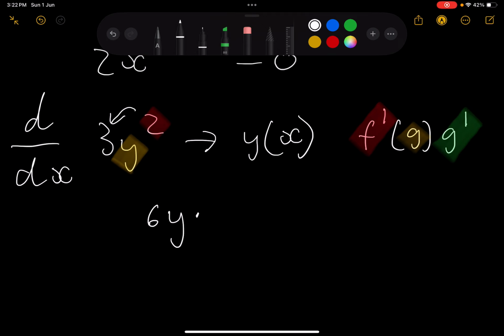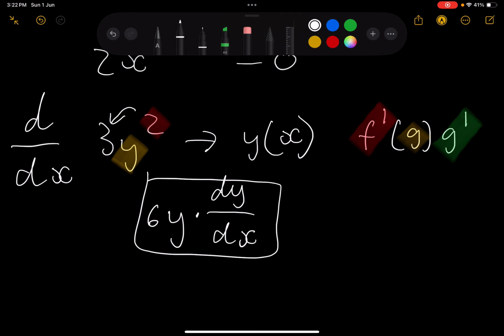We have to be careful with this, because remember, we are differentiating with respect to x, d over dx. So y is not going to be 1, it's going to be dy over dx, because y is a function of x and we're deriving it with respect to x. So we say dy over dx. There it is, that is our derivative of 3y squared.